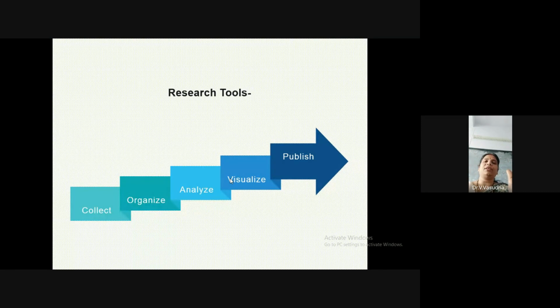So publication is the last stage where we can adopt certain tools. All these put together are the various steps: collection, organizing, analysis, visualizing, and publishing. Various steps in research, broadly.